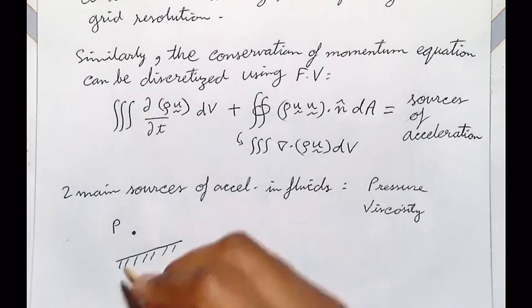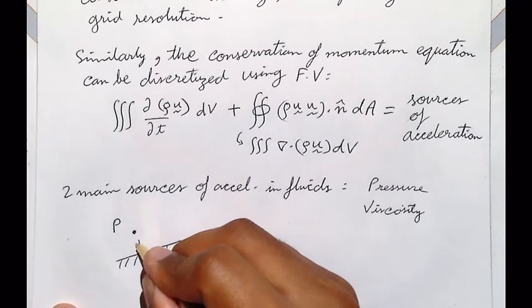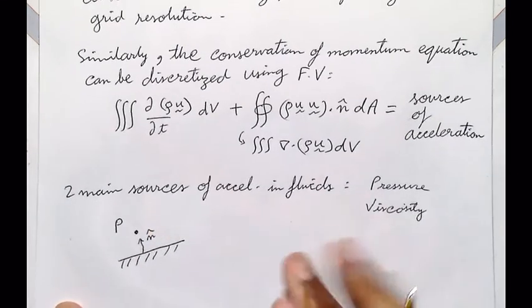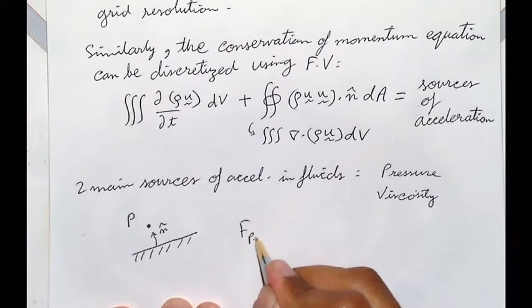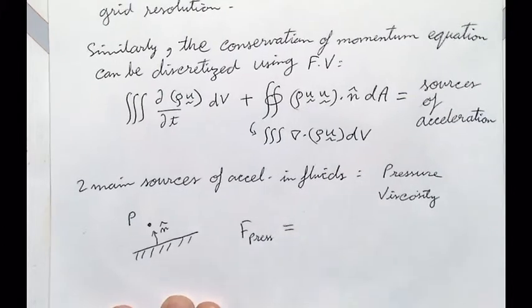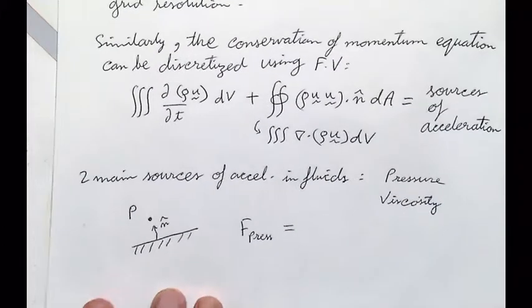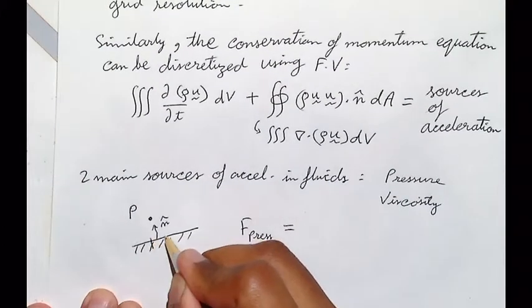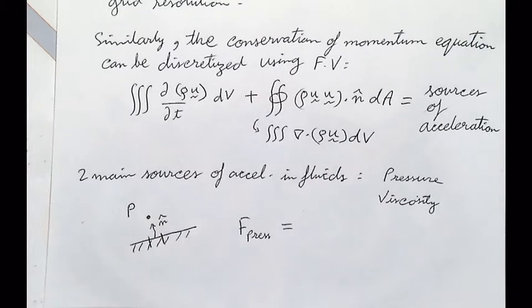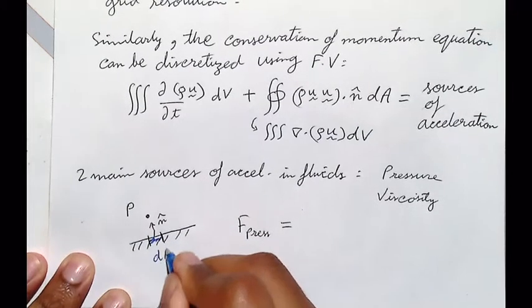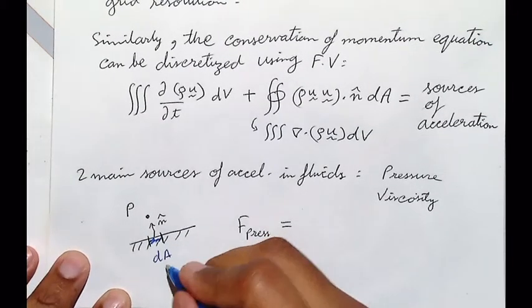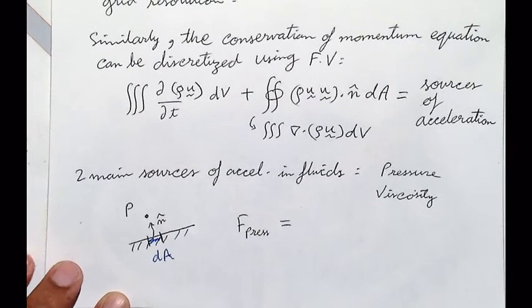Surface normal is this thing, right? So give me the exact formula. F pressure is what? Let's say there's an infinitesimal area dA.